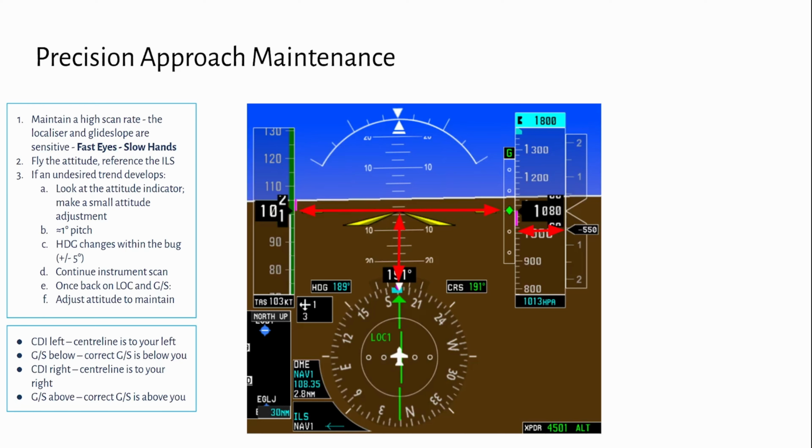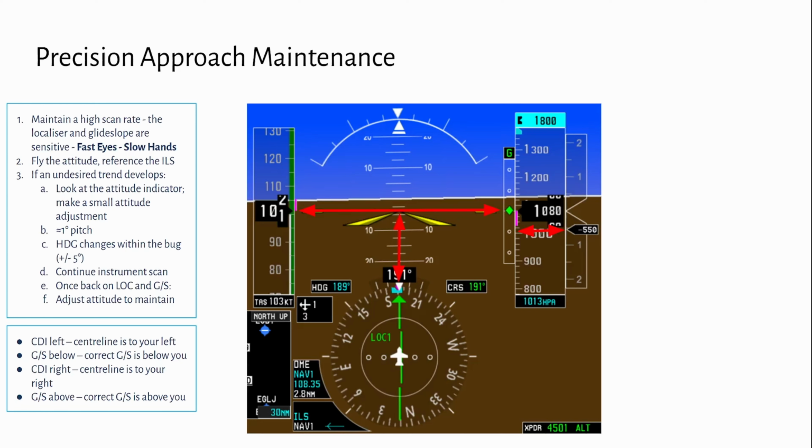So we've got our localiser DME, localiser frequency, 108.35. So the localiser, this is what we tune in to get both the ILS and the DME readout. The final approach course.